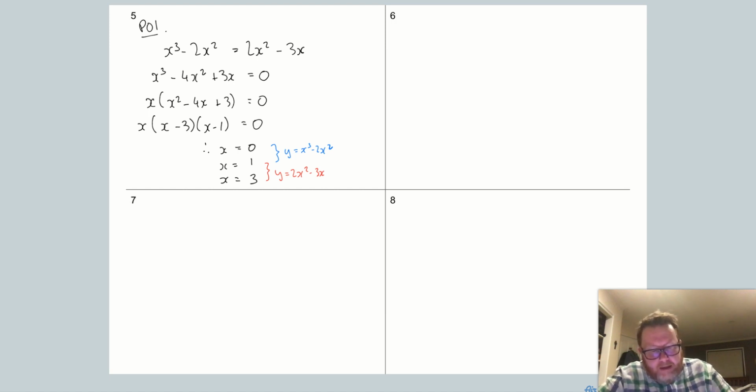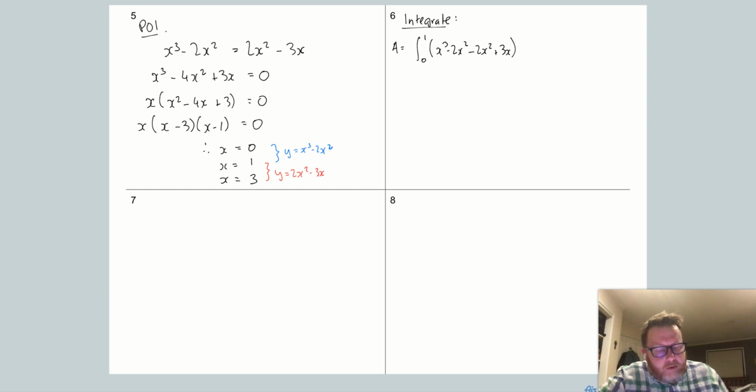The third part is to integrate. And I'm going to work out the integral of each part in turn. I've got the area: the integral between 0 and 1 of x cubed minus 2x squared minus 2x squared minus 3x makes plus 3x.